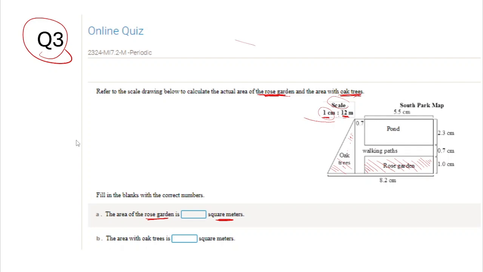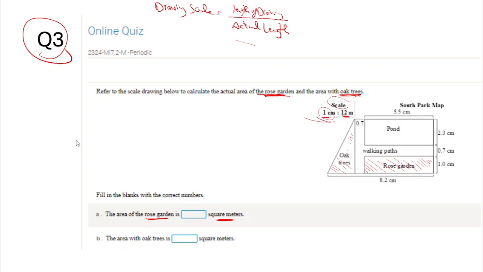So the equation for the drawing scale, again, drawing scale equals length of drawing divided by actual length, right? And here we have centimeter and the scale is meter.